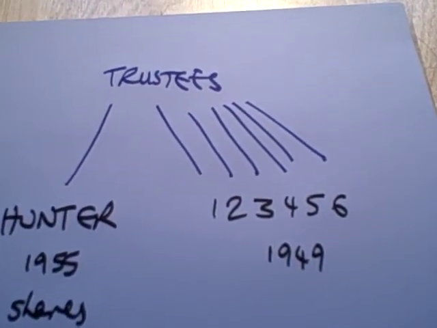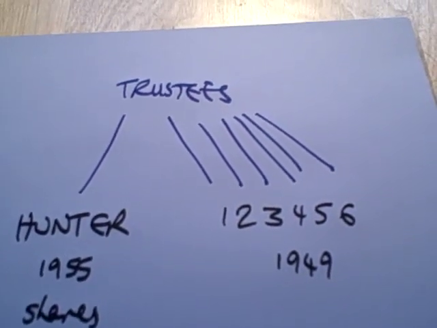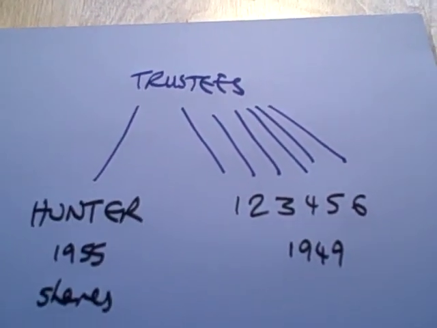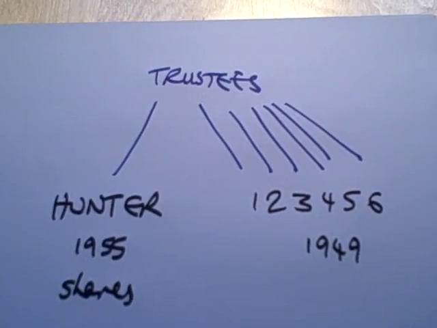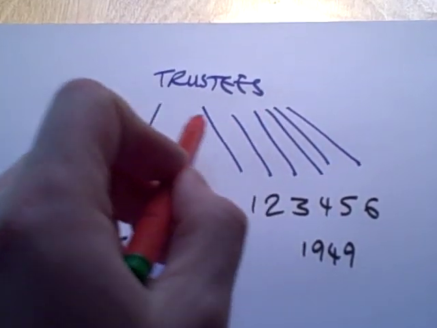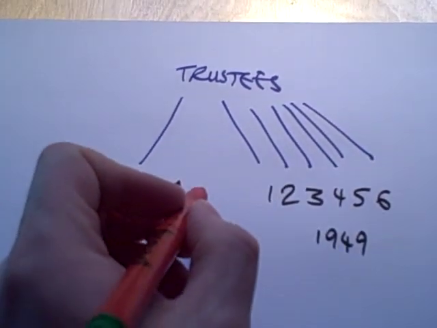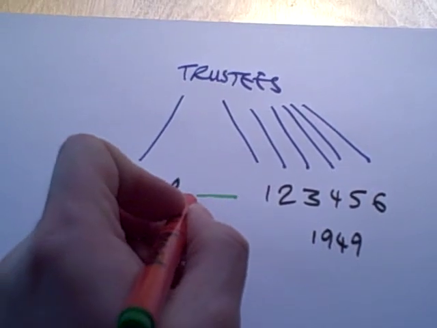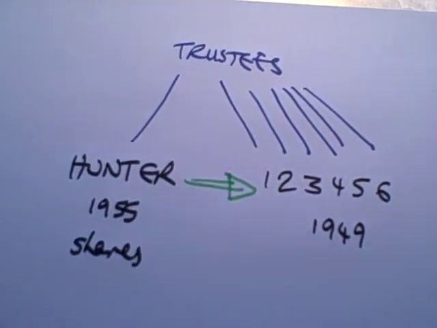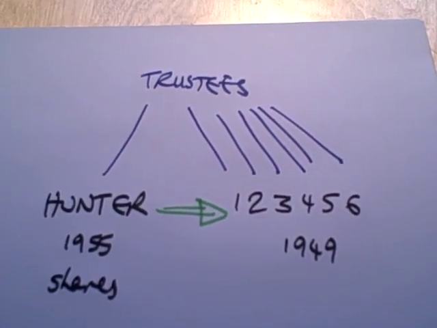Now, the analysis of this decision that we get from reading Vandervell and the IRC, which is a House of Lords case that follows on after this, is that the trustees must have stayed in the same place, and that all that happened here was that an equitable interest was transferred from Hunter to the 6 grandchildren settlements.